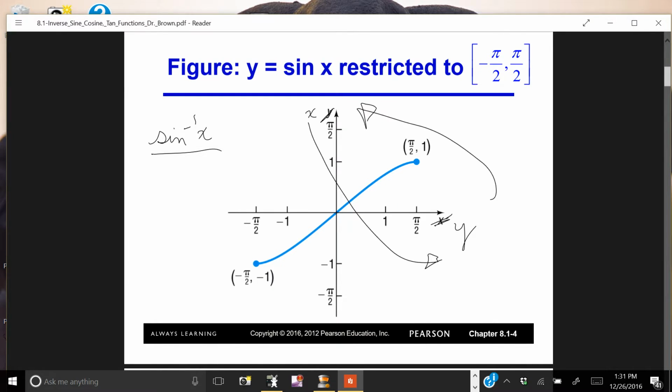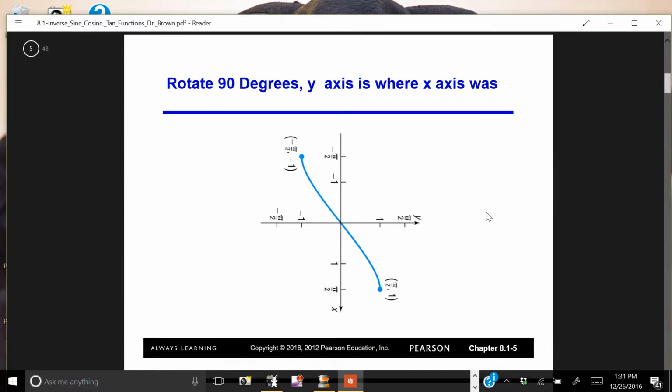And with a little manipulation, you can see, suppose we flip the y-axis so that it's where the x-axis used to be.